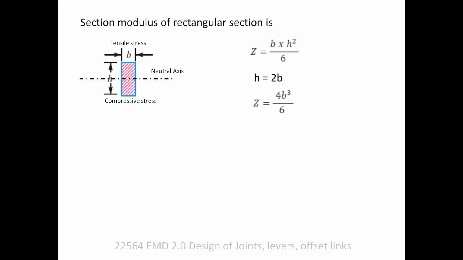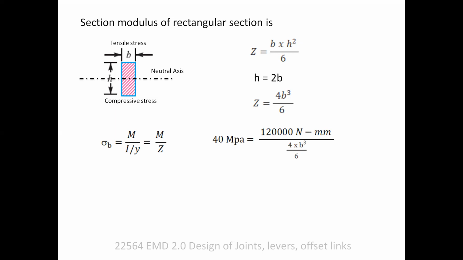So from this section modulus, now we can find the value of B. If you put that value of section modulus in our equation, sigma B is equal to M by Z. Sigma B, which is the maximum possible bending stress, so 40 megapascal is the maximum. So moment M divided by 4B cube by 6.